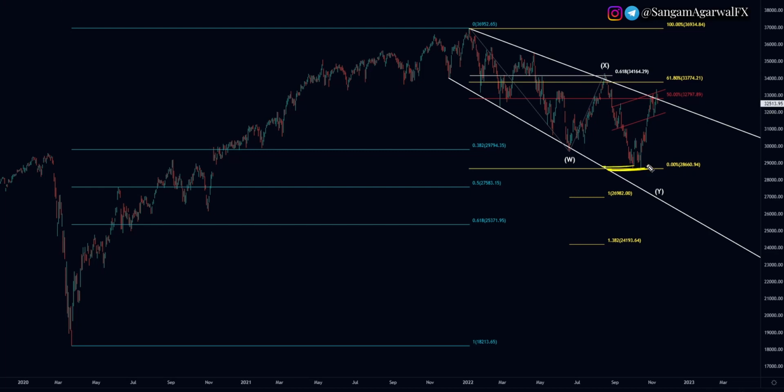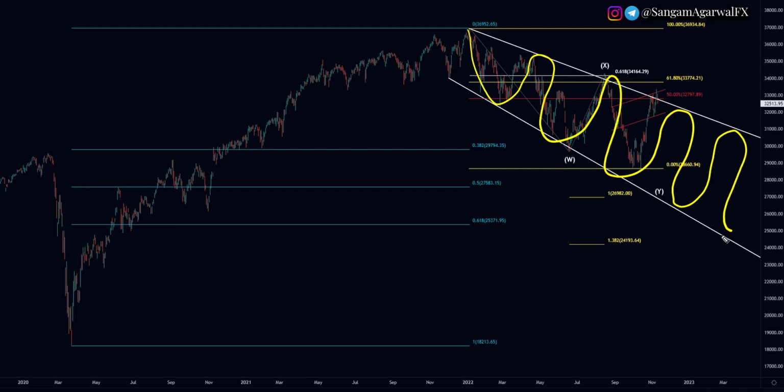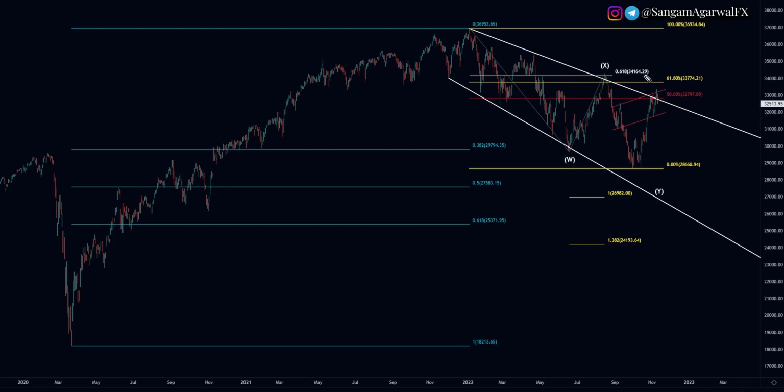First it will test this support area 28,000, then you can target the 50 and 61% retracement level, or this lower white trend line, because it is testing the upper and lower trend lines as support and resistance. So this area between the 50 and 61% retracement level is our resistance zone.